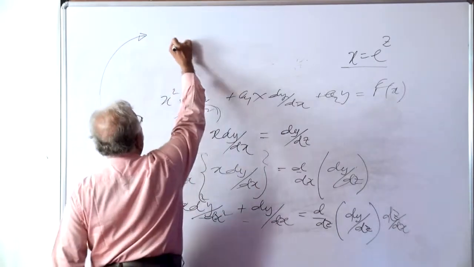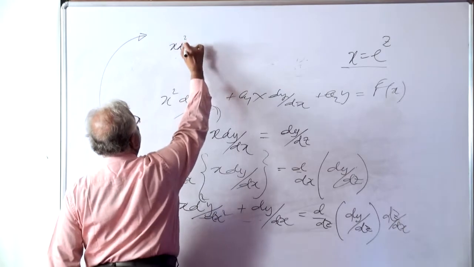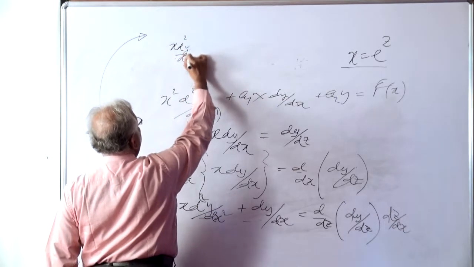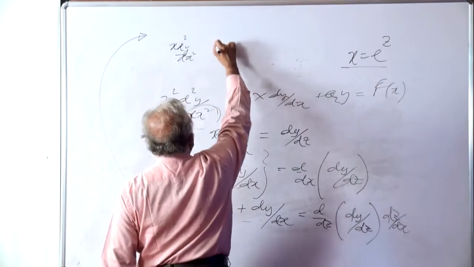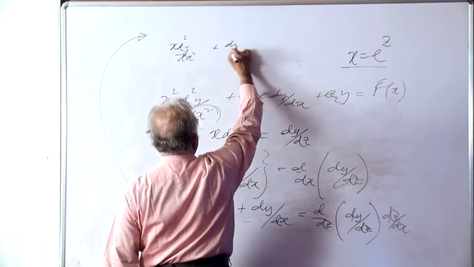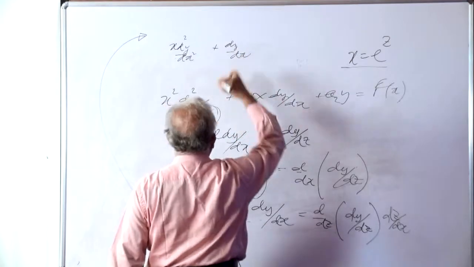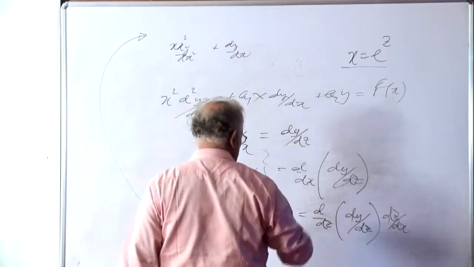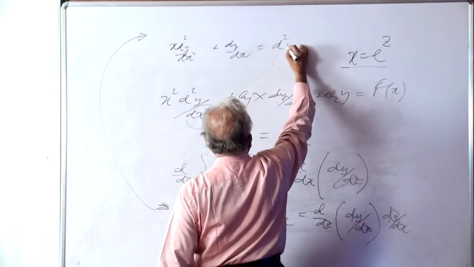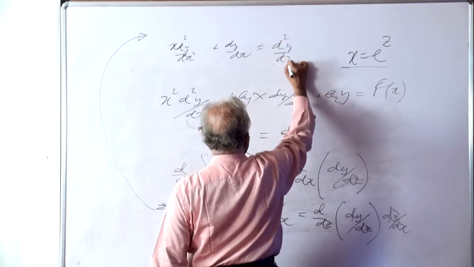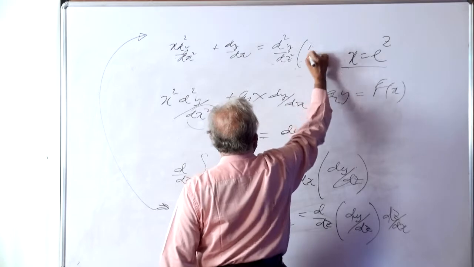x d2y dx2 plus dy dx is equal to d2y dz2 into 1 by x.